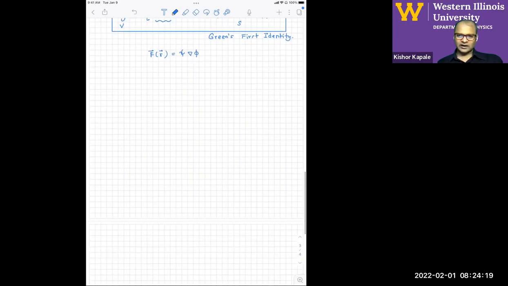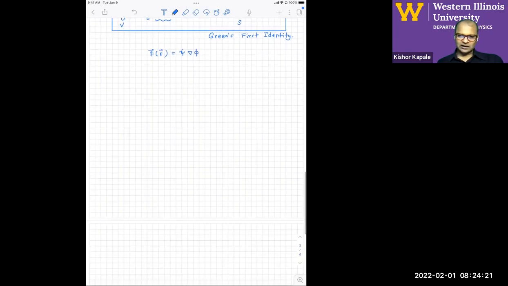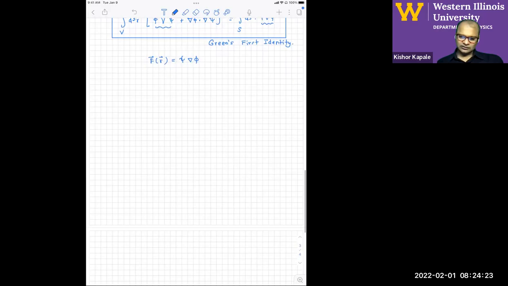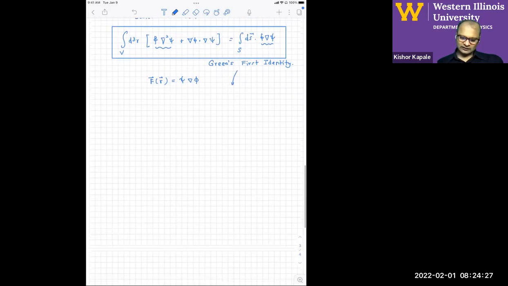Right? So now we have psi grad phi, and let's use now Green's first identity in this context with the roles of phi and psi interchanged. And so you're going to have now psi Laplacian applied to phi plus gradient of psi dotted with gradient of phi.